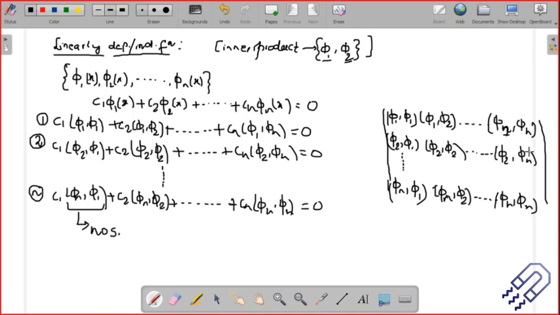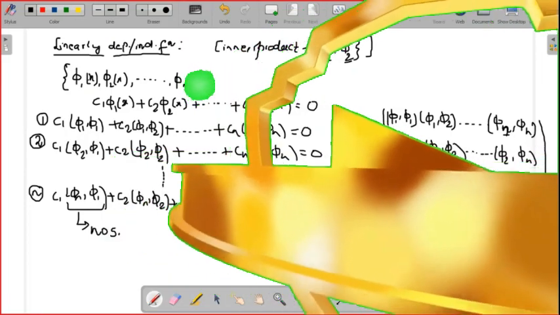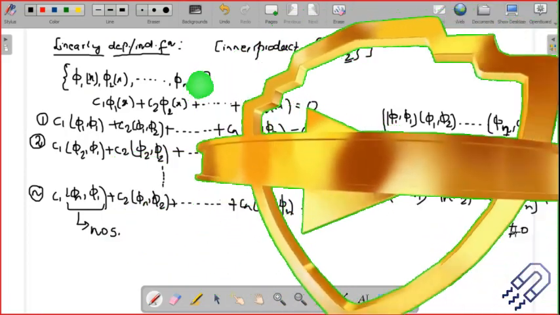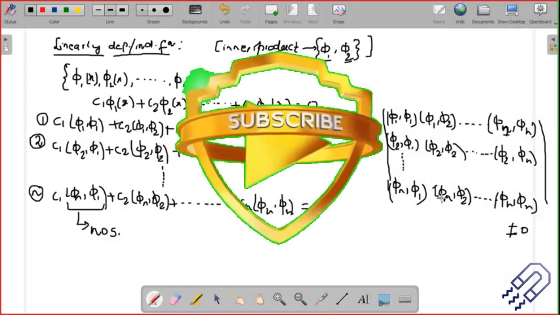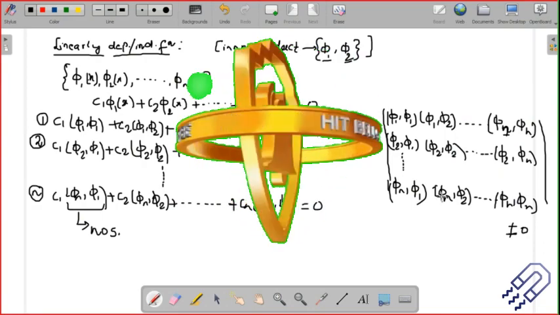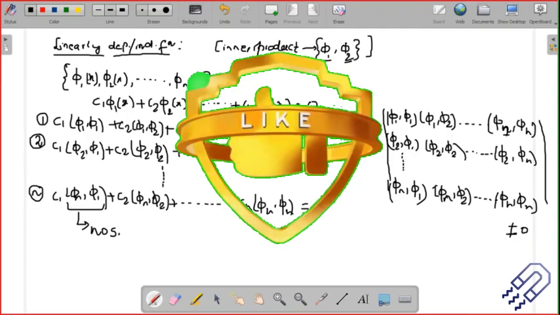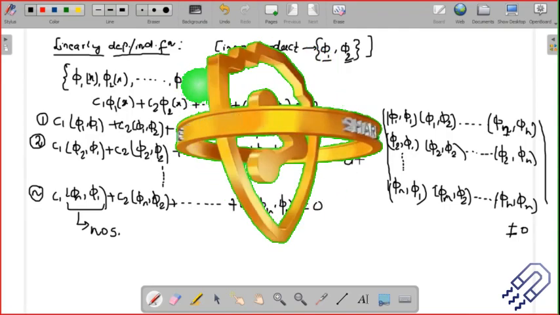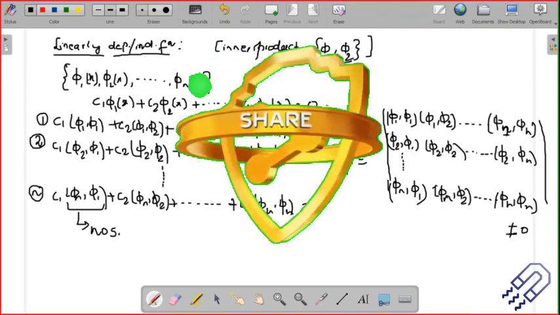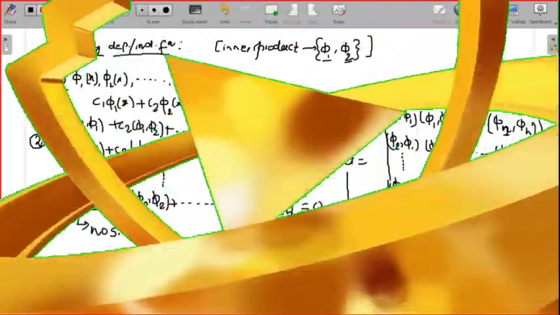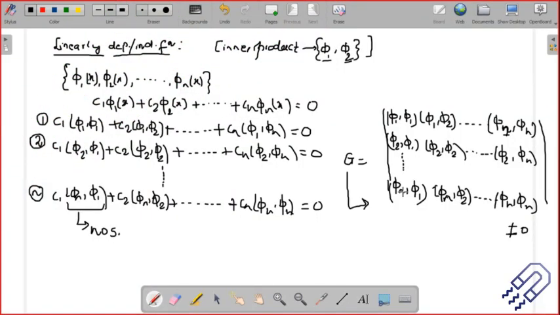So finally we're going to get a matrix of this form, and if you can prove whether its determinant is equal to 0 or not equal to 0, based on this you can say whether it is an independent set of functions or a dependent set. This particular matrix is written as G, and this is called the Gramian matrix.